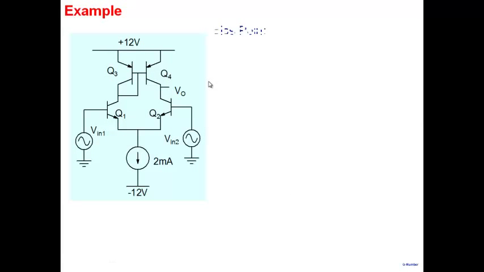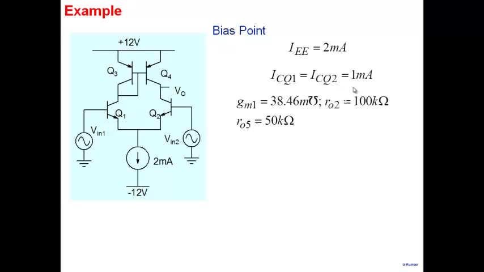Let's see an example. So in this case, it's biased at 2 milliamperes here, and therefore the 2 milliamperes will divide equally between these two. So we get ICQ1 and ICQ2. We saw that the currents are a little different, but we'll ignore it and assume that they're almost the same, which is 1 milliampere here.